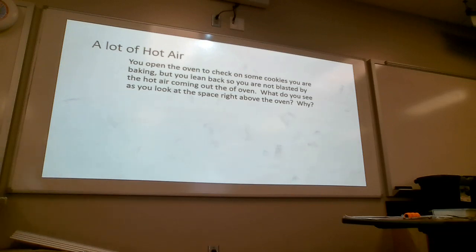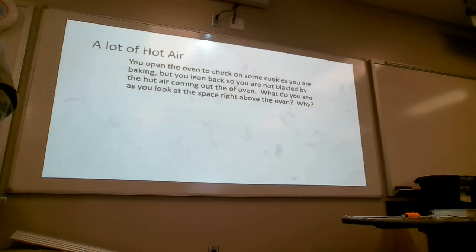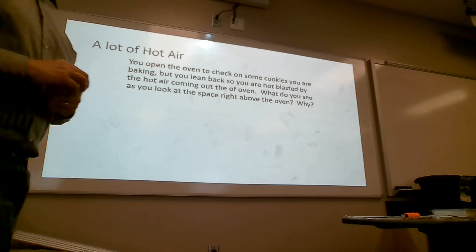Have you ever looked over a hot road, a hot roof, a parking lot, opened the car door on a hot sunny day, or opened the oven after cooking, and seen heat waves? Does everybody know what I'm talking about? Okay. This is due to refraction.